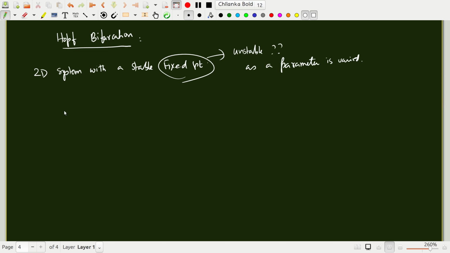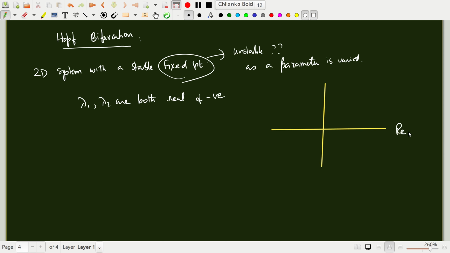Now of course in order to understand stability we have to look at the eigenvalues of the Jacobian. So there are 2 cases. If both the eigenvalues, lambda 1 and lambda 2, are real and negative, I'm plotting the eigenvalue plane: this is the real part of lambda, this is the imaginary part of lambda.